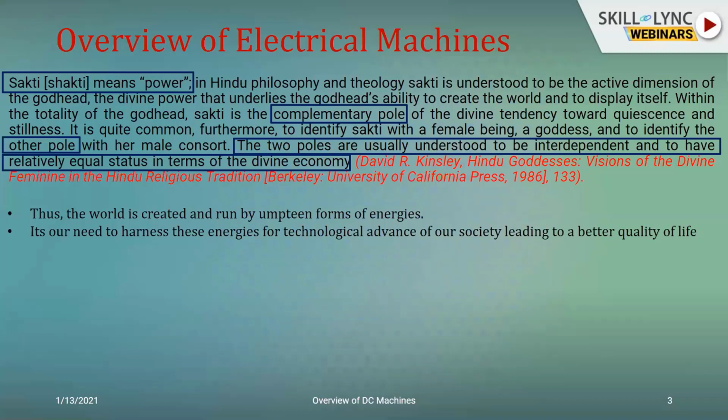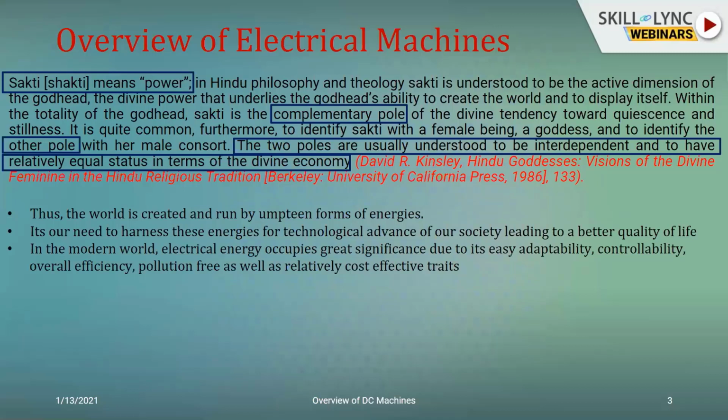So it is this transformation of energy from one form to another that the entire engineering concepts are based on. We try to harness these energies and transform them from one form to another to advance the technological abilities of our society, which in turn leads to a better quality of life for the citizens.